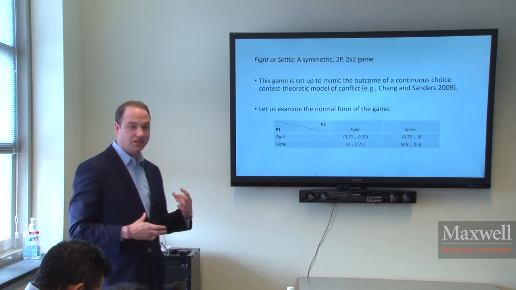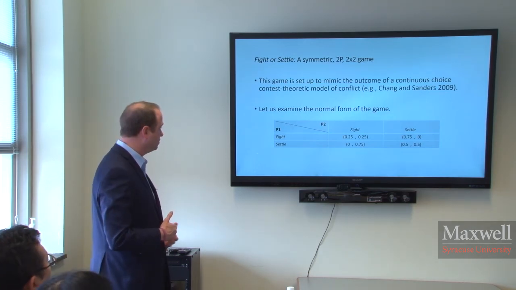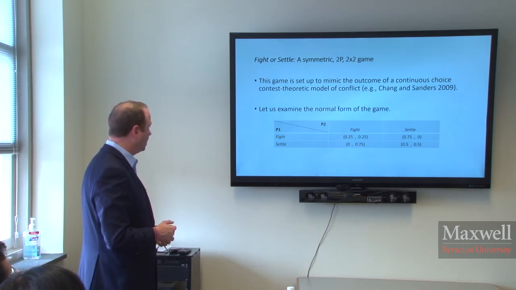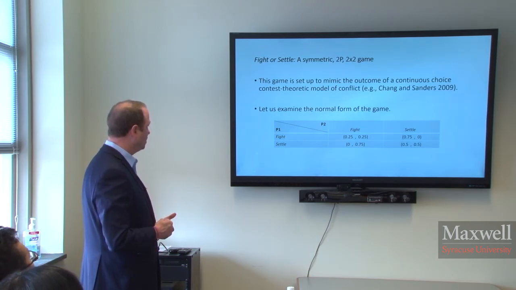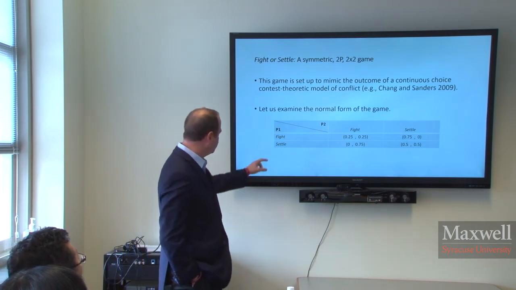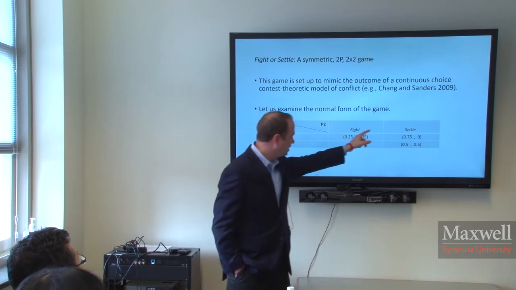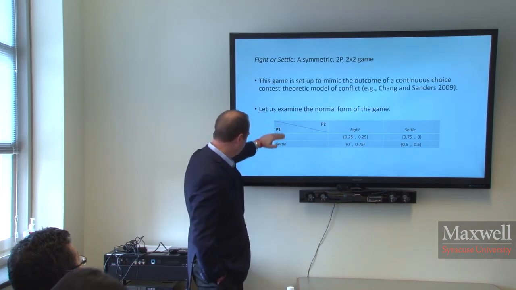Okay, so this is the normal form of the game. So it's a 2x2 game, two players, symmetric. And what we have in the margins are just the possible actions that the players can take. This is player one's possible actions.